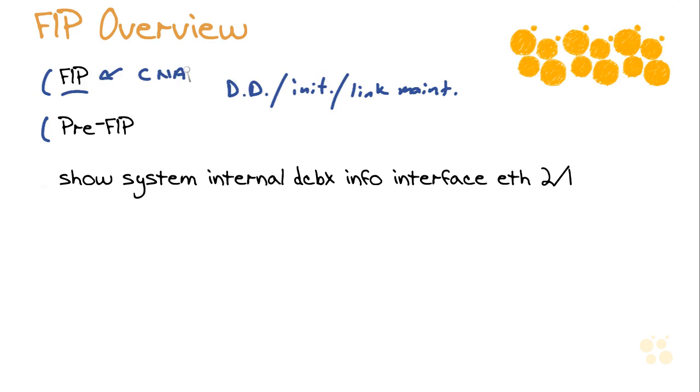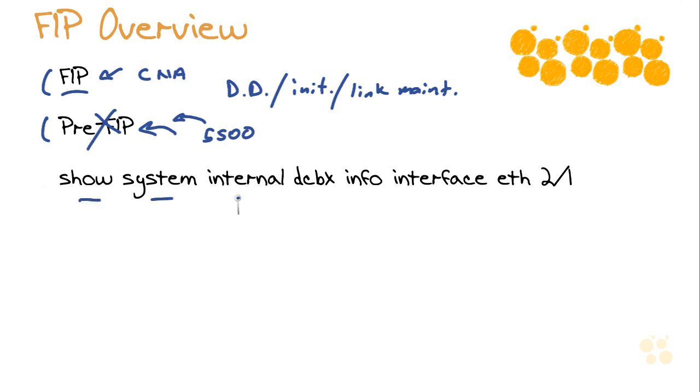As you might guess, first generation CNAs are going to feature the pre-FIP protocol. So you could run into a real issue here. For instance, on the 5500 series platform, there is no support for this pre-FIP behavior.